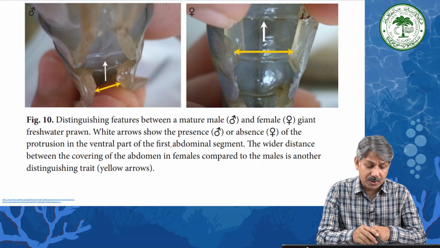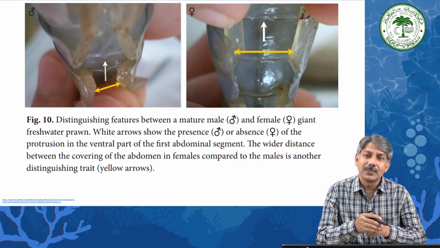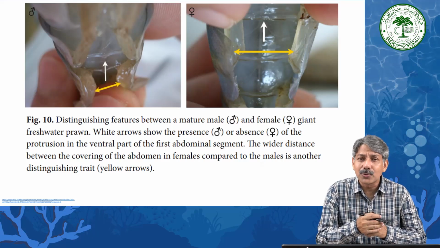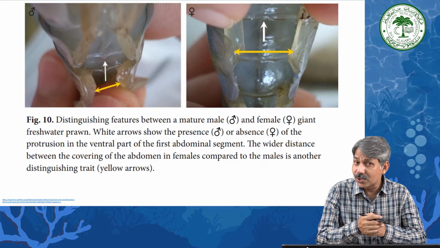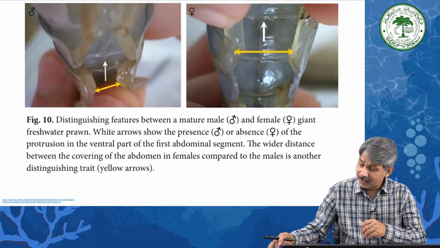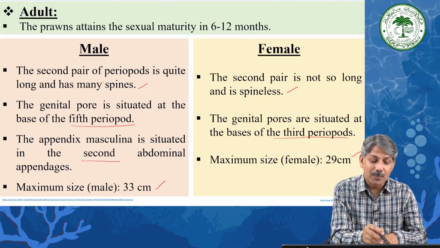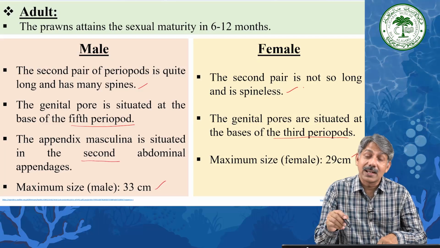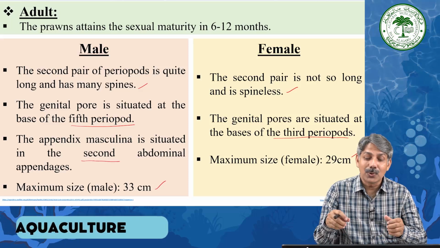Presence or absence of the protrusion in the ventral part of the first abdominal segment. In fact, what I suggest, you don't have to go through all these details in order to distinguish the sexes. In the previous slide, what I told you, just by looking at the second pair of periopods, if they are long, they are in fact quite distinguishable.